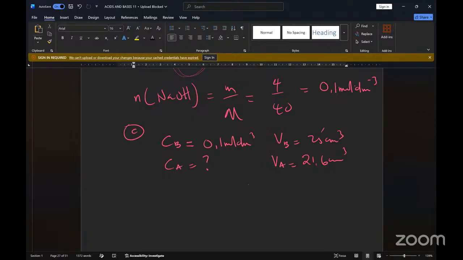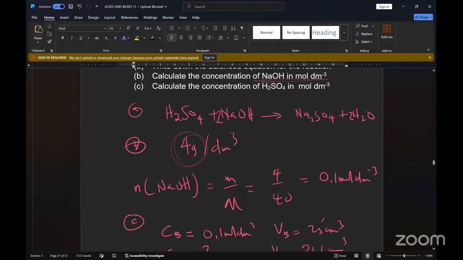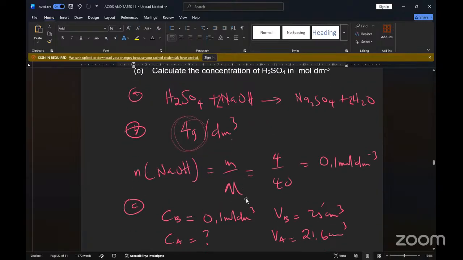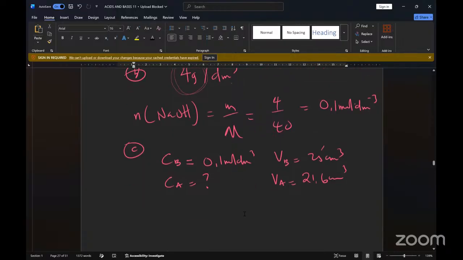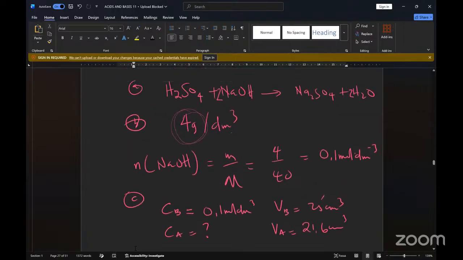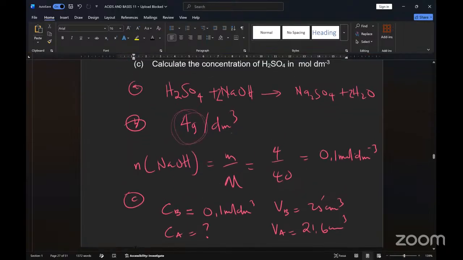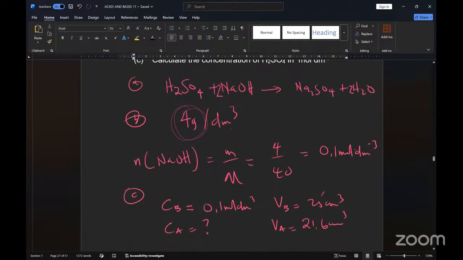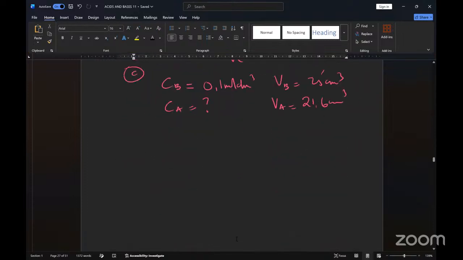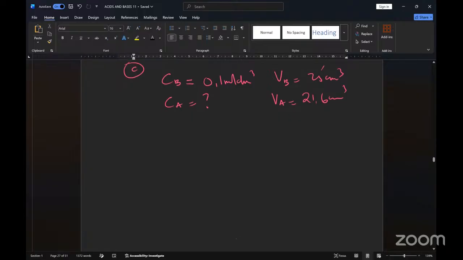So now let's see how we deal with this. Now this question is a bit tricky. I chose to include it here. Let me copy this equation again down here so that you see what I'm talking about.